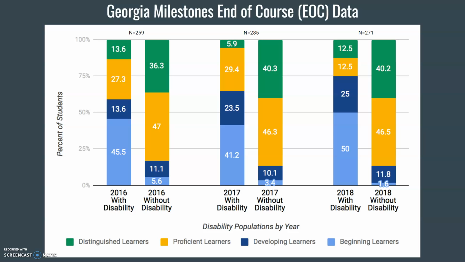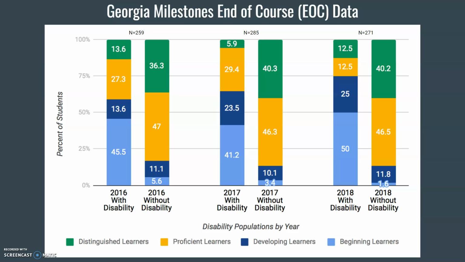However, I'd like to narrow our focus even more to an area of improvement for us. Here you can see the Georgia Milestones end of course data divided up by performance of students with disabilities and without disabilities. Here you can see in 2016, students with disabilities only were identified as 13.6% distinguished learners. Here you have a very large percentage, 45.5% of our students with disabilities being identified as beginning learners.